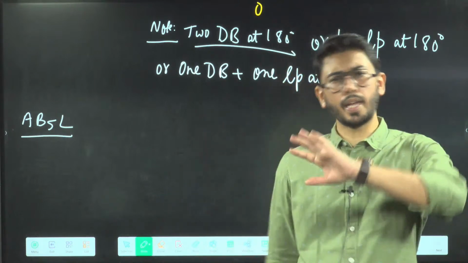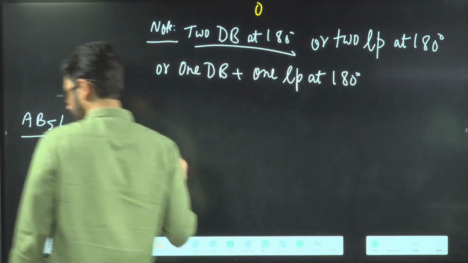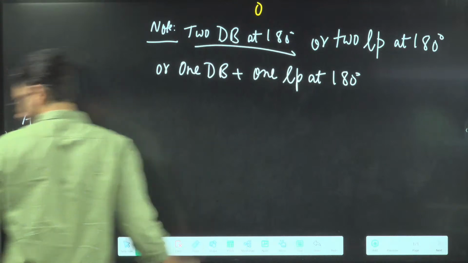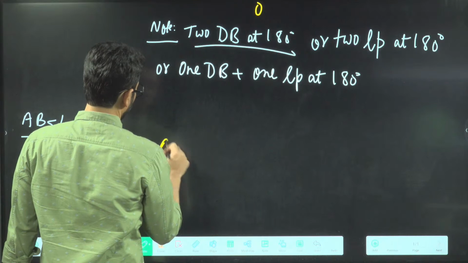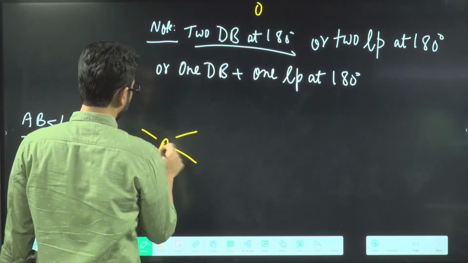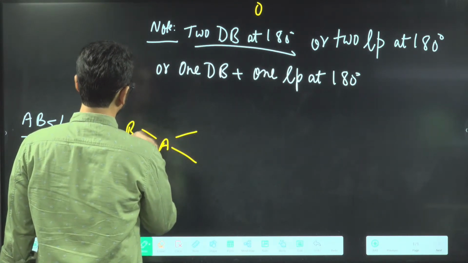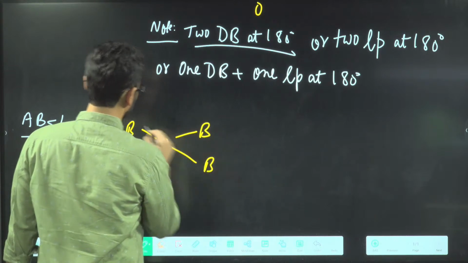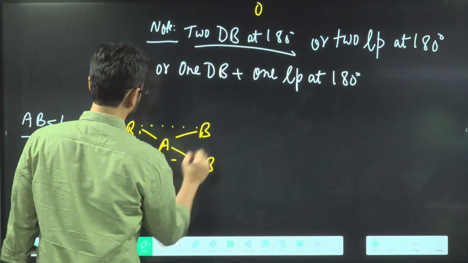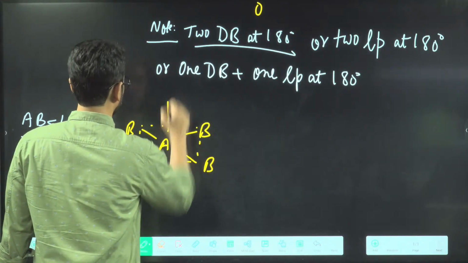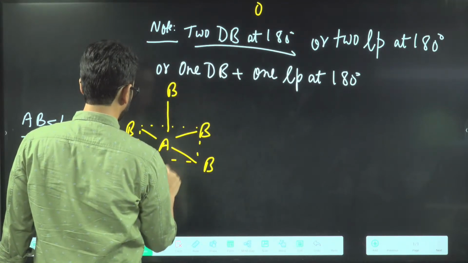So one lone pair can be at any position. Central atom A, I can put anywhere, so I can write it like this, and one lone pair like this.